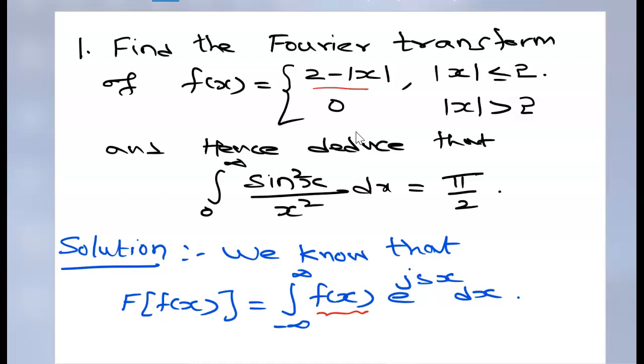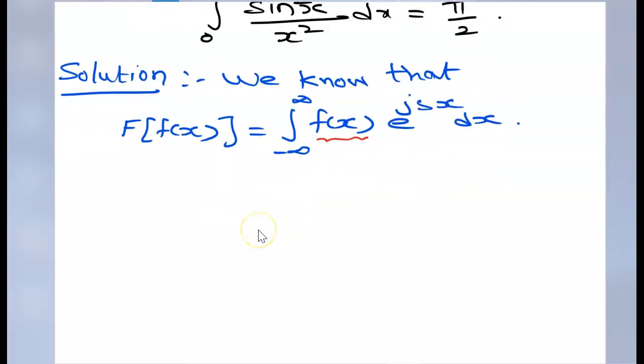So in general, your f of x is 2 minus modulus of x, mod x less than or equal to 2. Elsewhere it is 0. Zero into anything is going to be 0, so we don't need to bother.